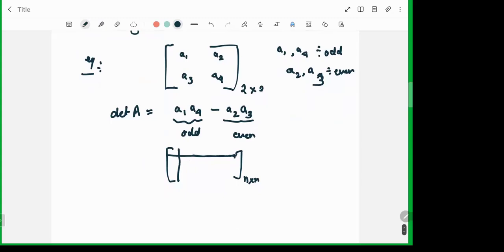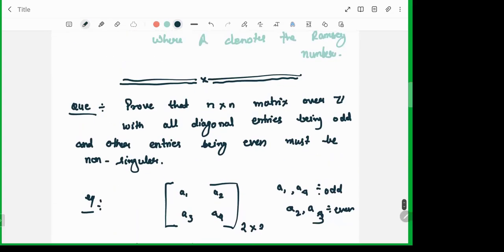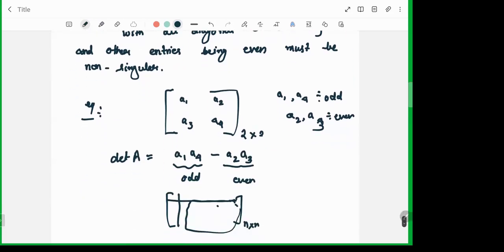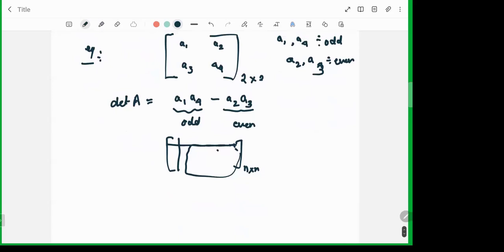So this determinant will be non-zero, and we are multiplying it with this entry, which is odd, so the product will be odd again.